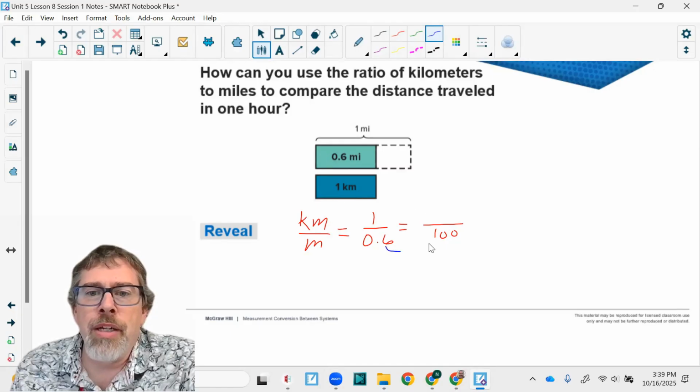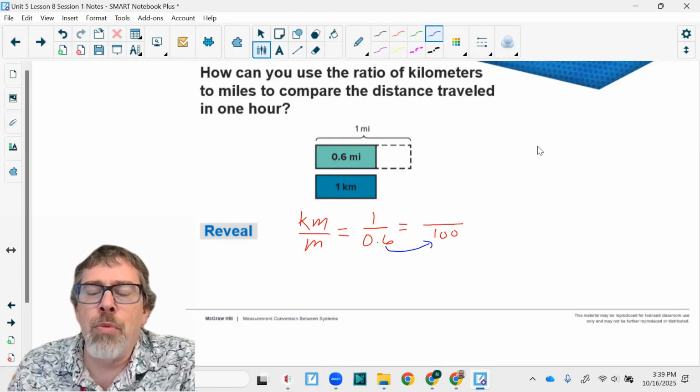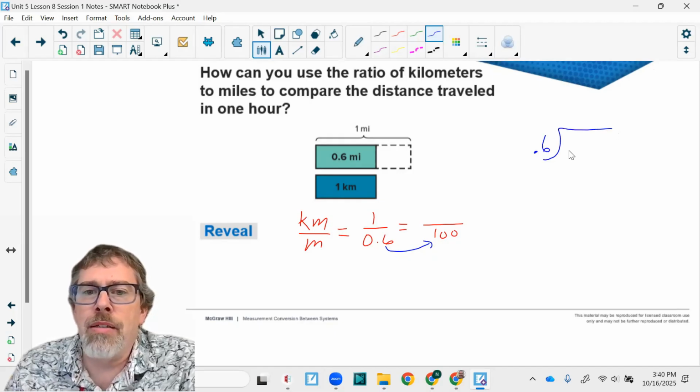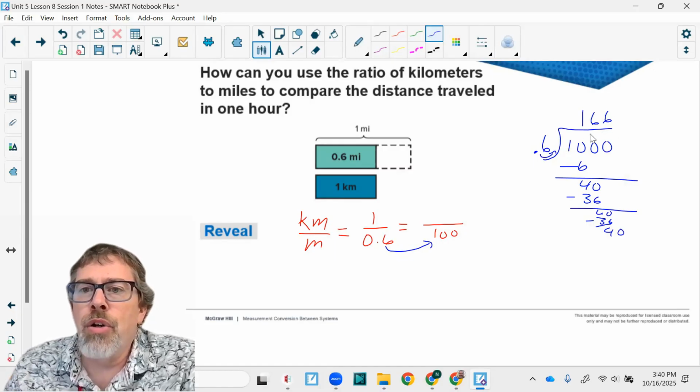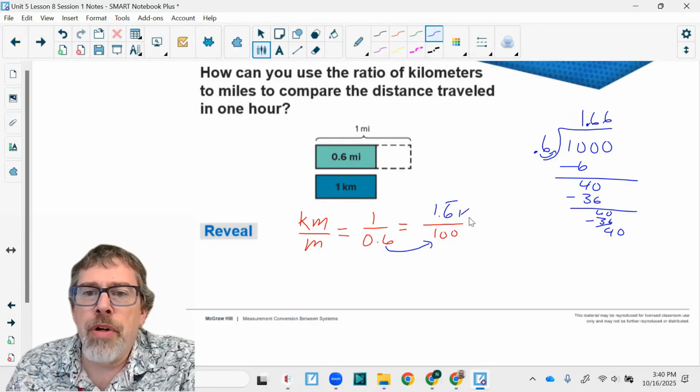So basically, what do I multiply 0.6 by to get 100, or 100 divided by 0.6? To do that, you just move the decimal over. 6 goes into 10 once, subtract, get 40. 6 times 6 is 36, subtract, get 40. 6 times 6 is 36, and we're going to repeat this 4 over and over. So it was 166.6 repeating kilometers per hour, for 100 miles.